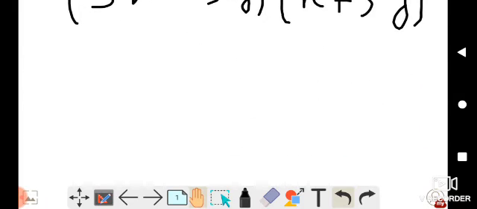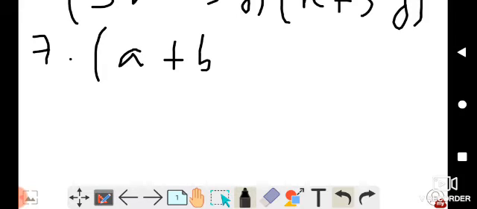Now let's start problem number 7. Problem number 7 is (a plus b minus c) whole square. Okay, again I am writing in a clear way. Whole square.